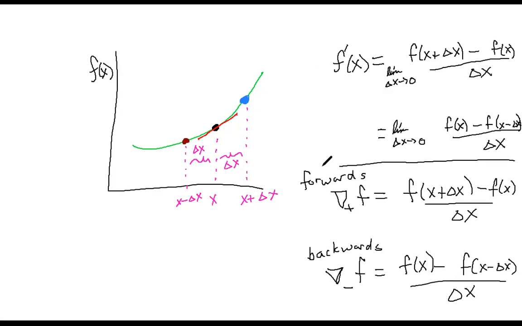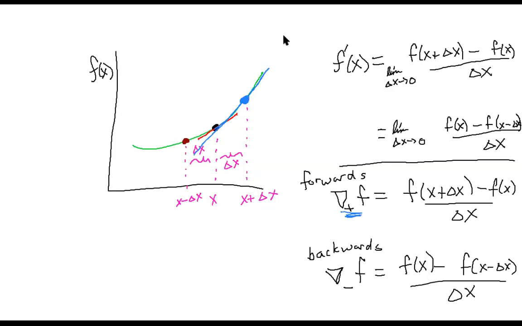So the forward derivative, we'll do this one in blue, actually computes the slope of the line right there between the black and blue dots.